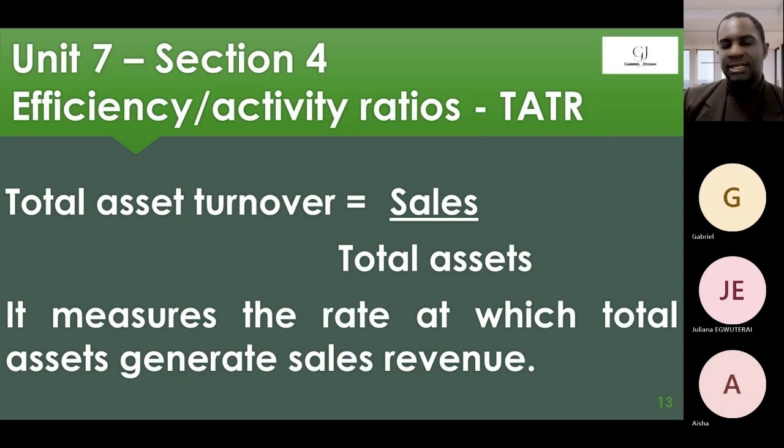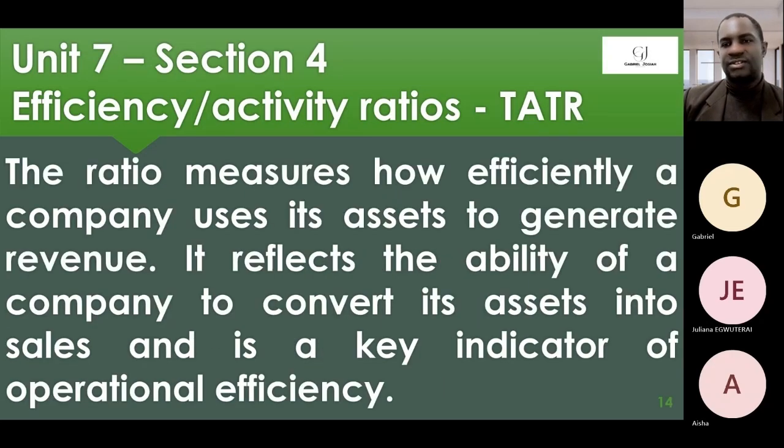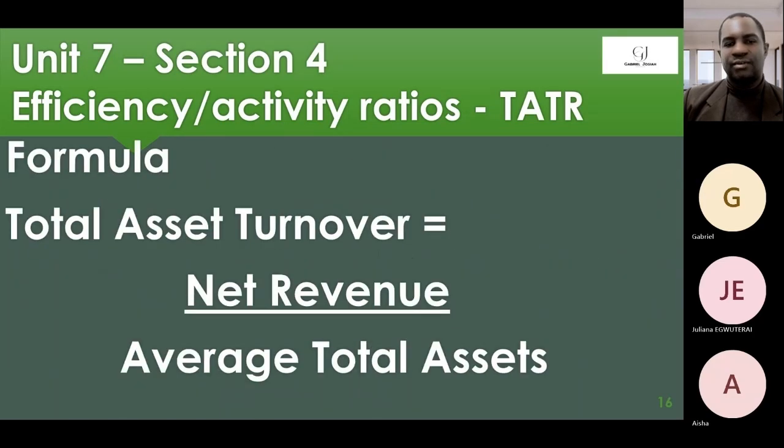So the total assets are our investments, and we are looking at the sales generated from the investment. It measures how efficiently the company uses its assets, and it's a key indicator of operational efficiency. Your ability to convert assets into sales is a key indicator of operational performance.